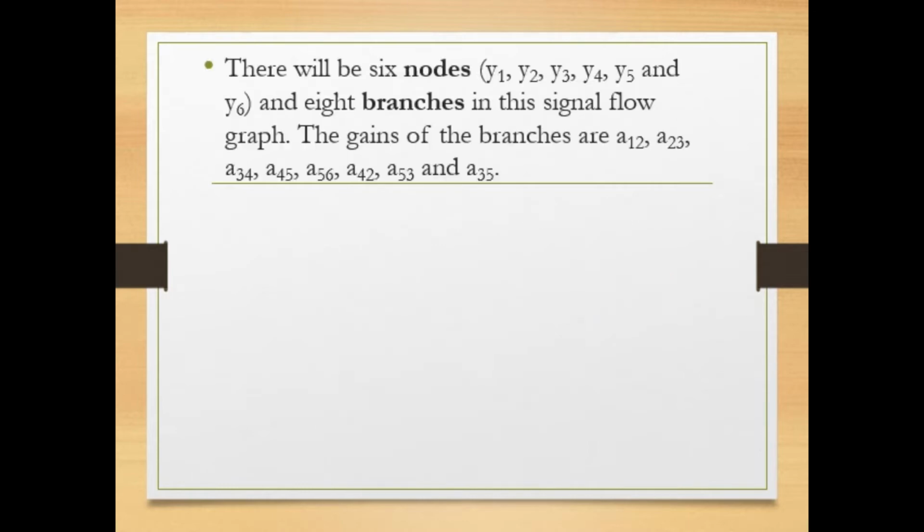As indicated, we have 6 nodes: y1, y2, y3, y4, y5 and y6. The first equation is y2 equal to a12 into y1 plus a42 into y4.